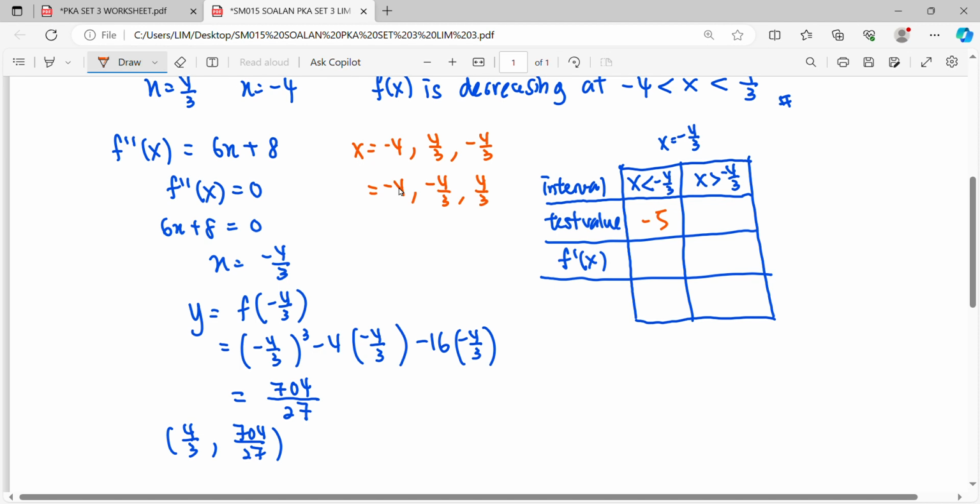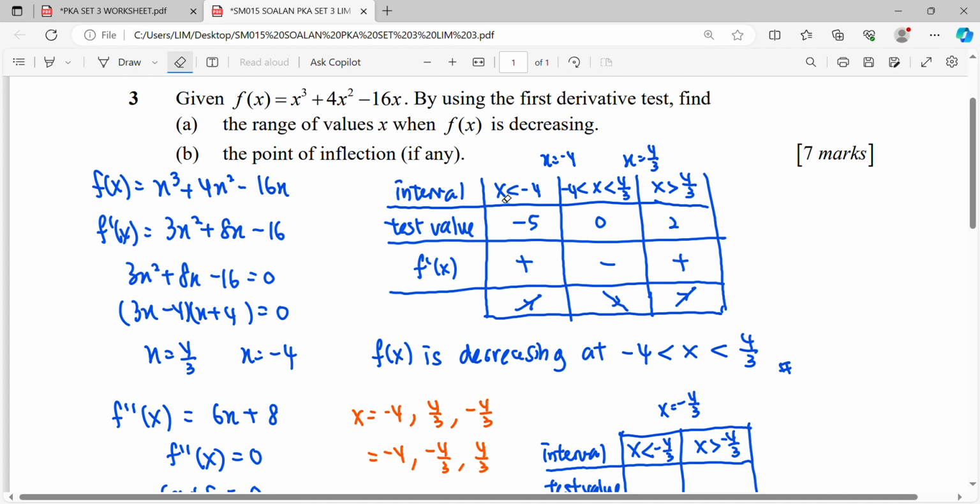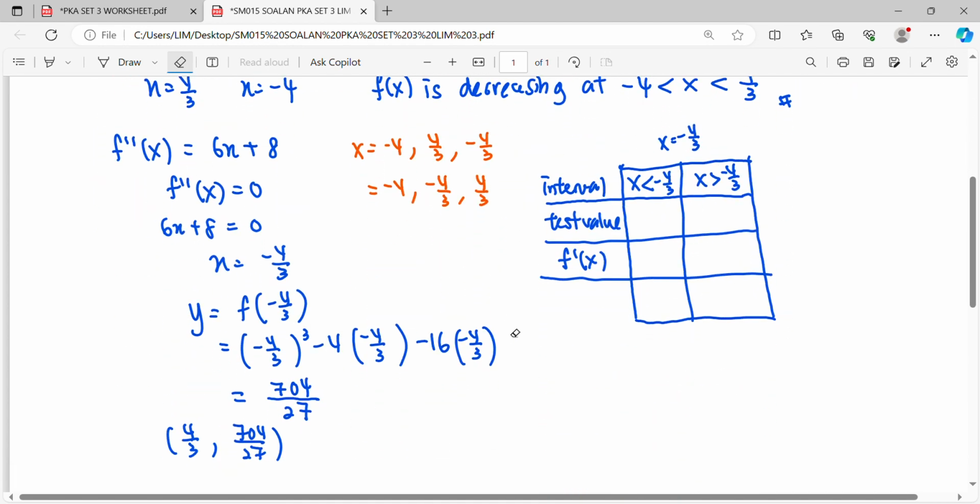When you're too far away, you are testing after your maximum point already. So we take the value -2, but not exceeding -4, which is another critical point. This is our critical point.